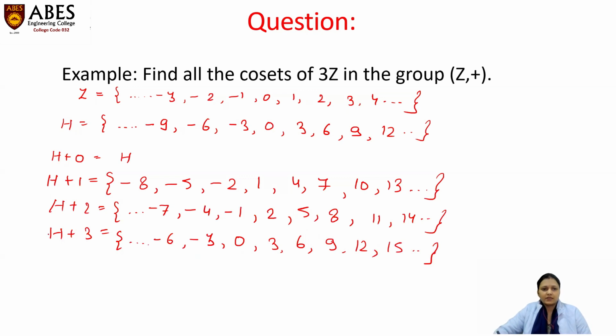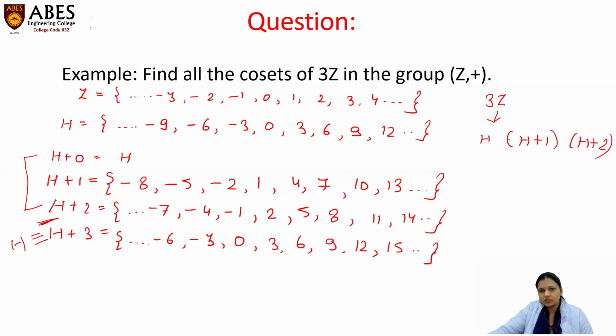Here I can see that I am getting repeated values. H plus 3 is the same as H. So I will stop here and take all the distinct sets as my cosets. The cosets for 3Z are H, H plus 1, and H plus 2. These are the three cosets for the subgroup 3Z.